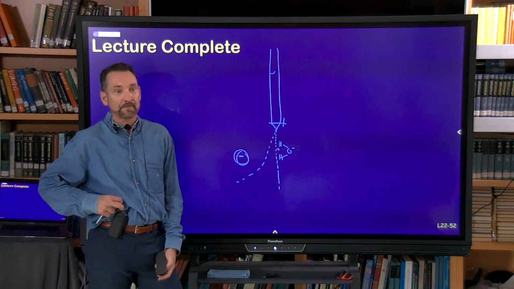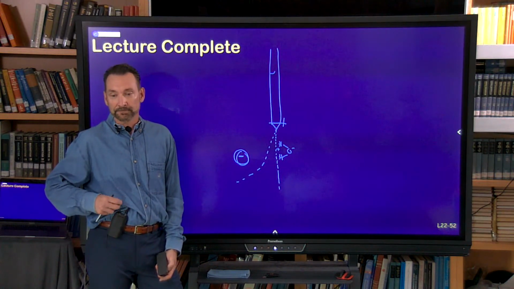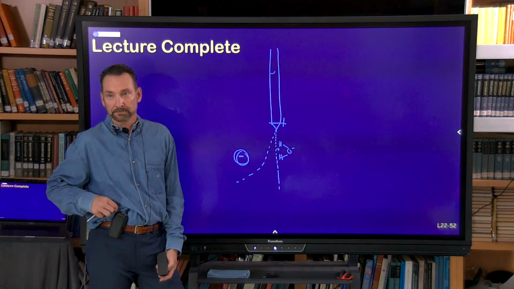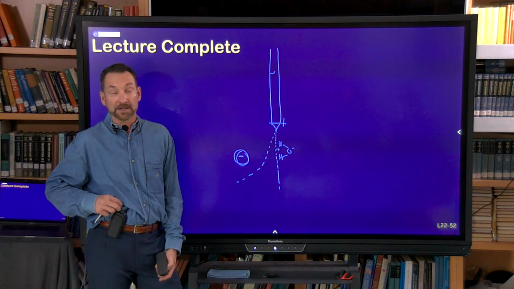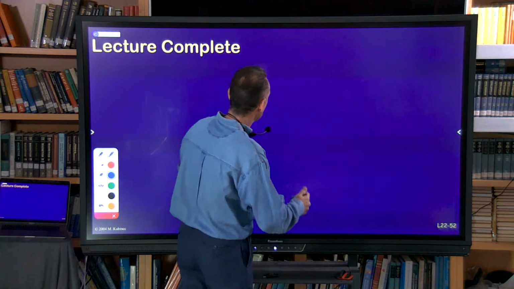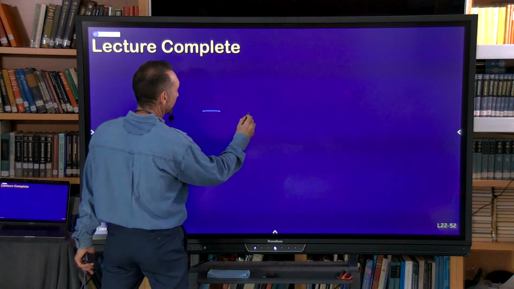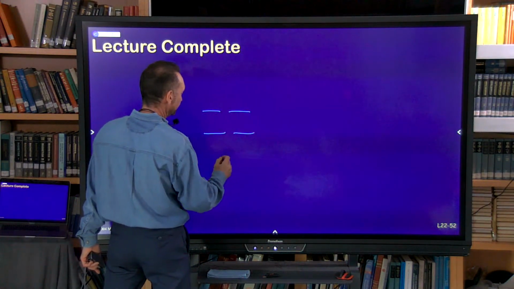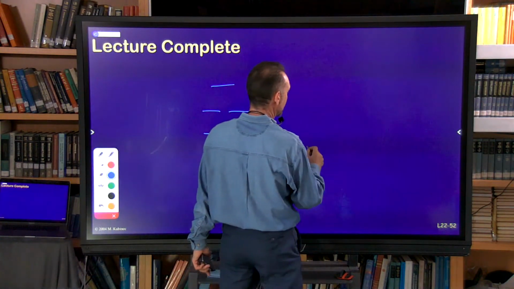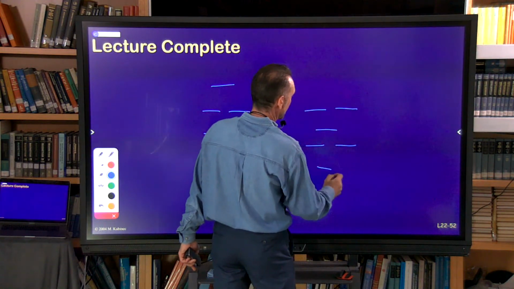Okay. Yes. Another question from Lucille. Why is the pi bond in N2 lower in energy than the sigma bond? Lucille is asking about molecular orbital diagrams, and what we did is sometimes we write the molecular orbital diagrams like this, and sometimes we write them like this.